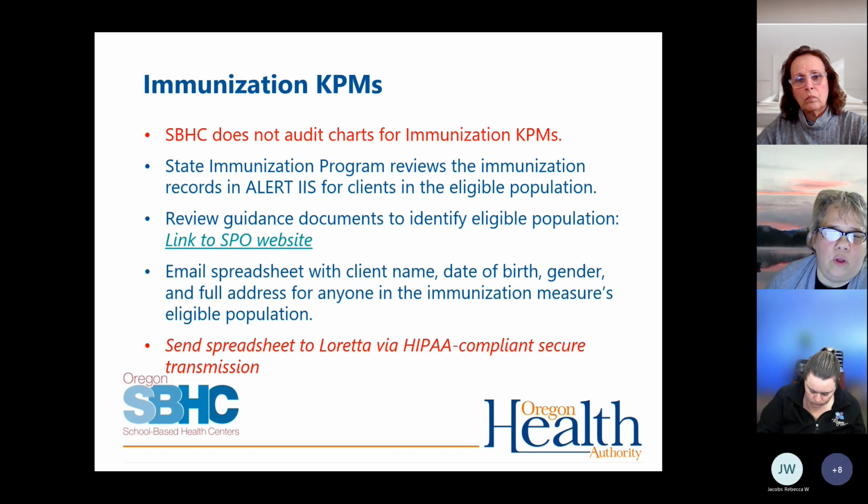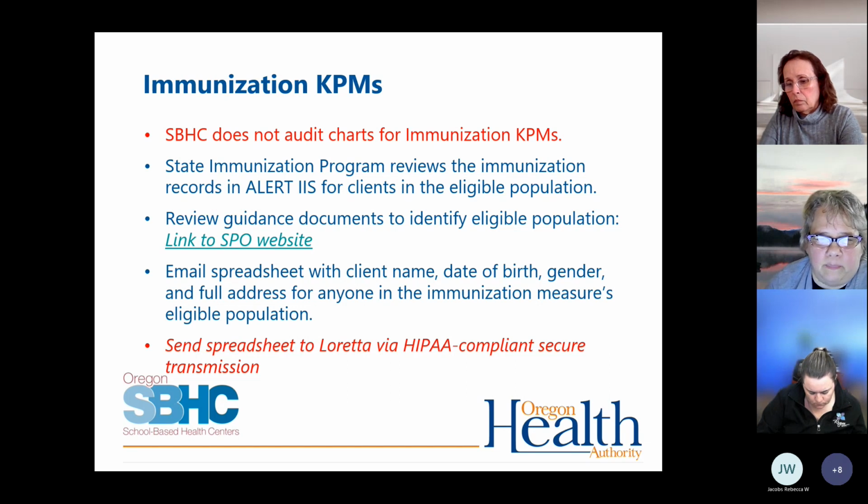The ALERT program will review for us, look up all of those clients and match them in ALERT and let us know if the client is in compliance, and then I actually enter those results into the operational profile, and I provide the results back to the sites. So that's one thing about the immunization KPMs for the optional ones.